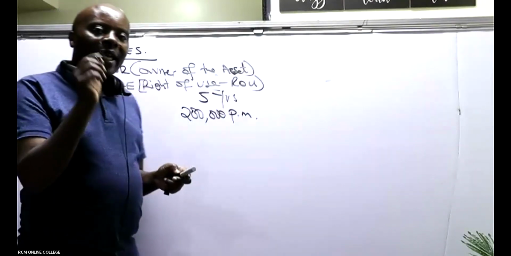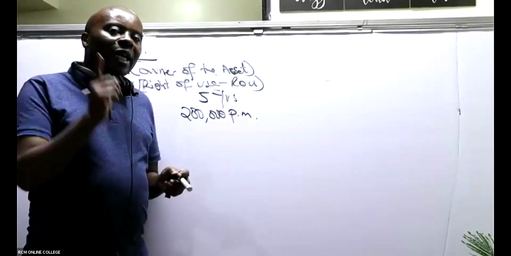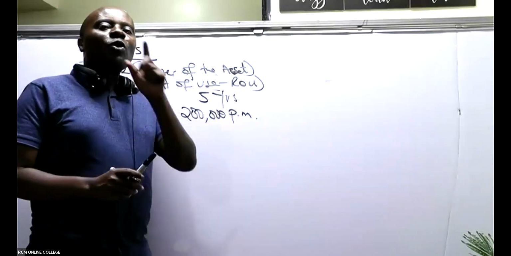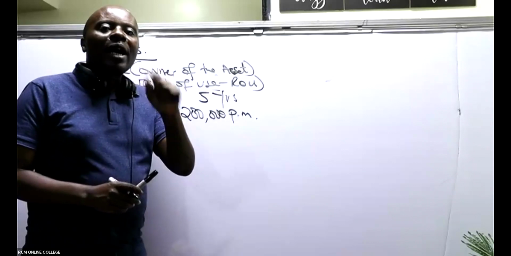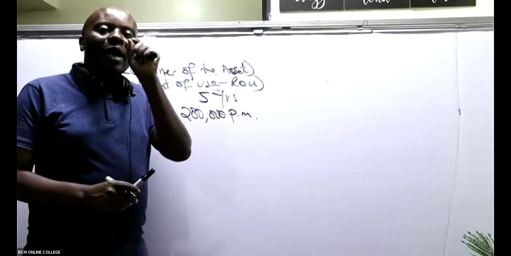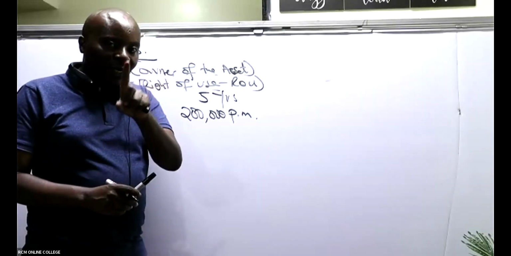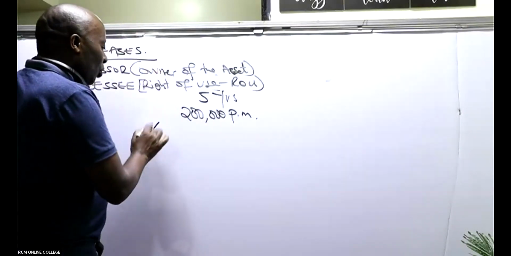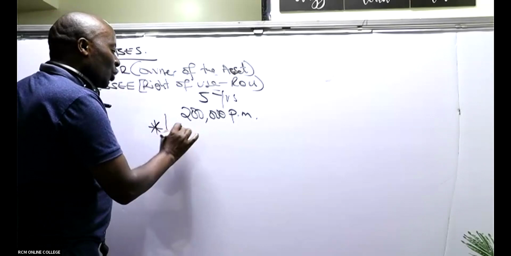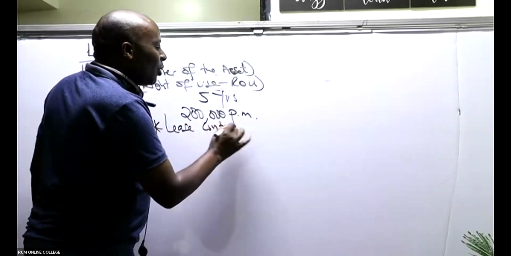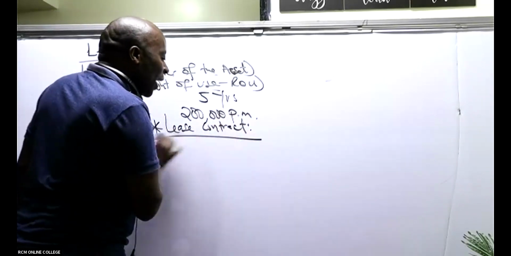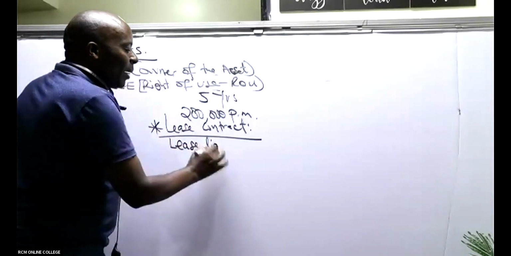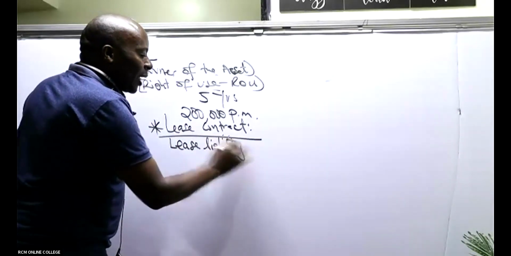So when we signed the contract, upon signing, we as the lessees have an obligation, a very big liability to this landlord. So the very first thing you do whenever you sign a lease contract is recognize what we call a lease liability.